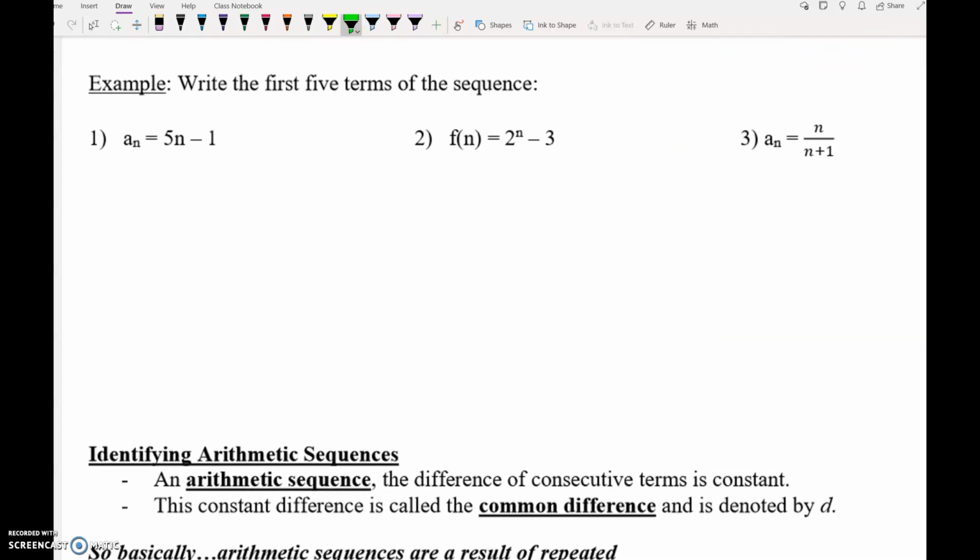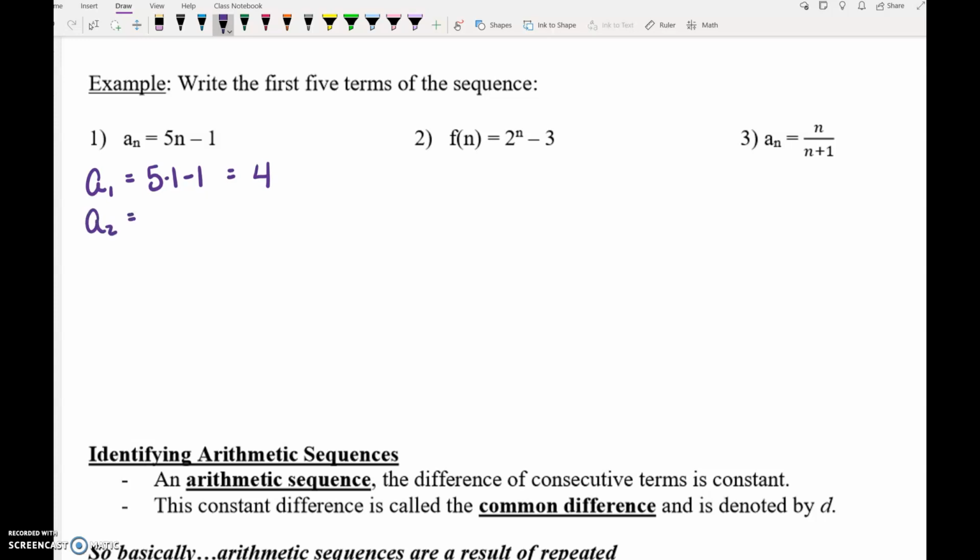So here's some examples of rules for sequences. The first one is a sub n equals 5n minus 1. So basically, a sub 1, you're going to use 1 in place of n. So 5 times 1 minus 1. 5 times 1 is 5, and 5 minus 1 is 4.